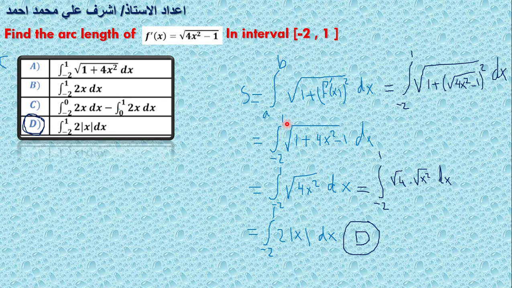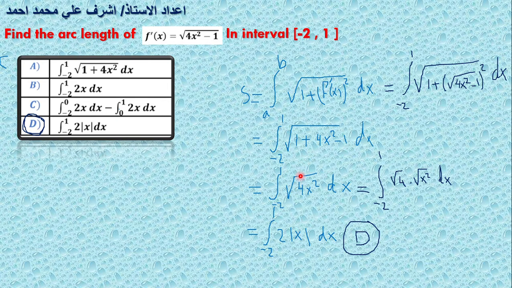The radical of 1 plus f prime, which we already have, squared. The radical and the square are opposite operations, so we get 1 plus 4x squared minus 1, positive 1 and negative 1 give 0.